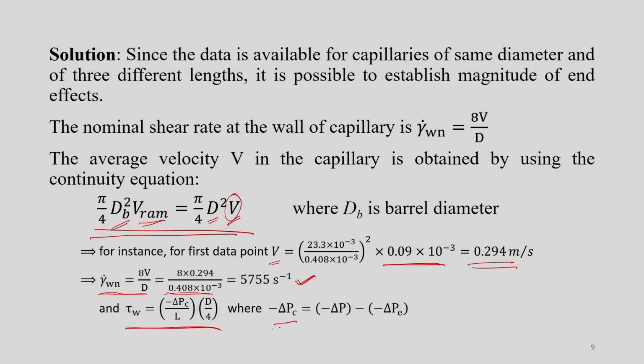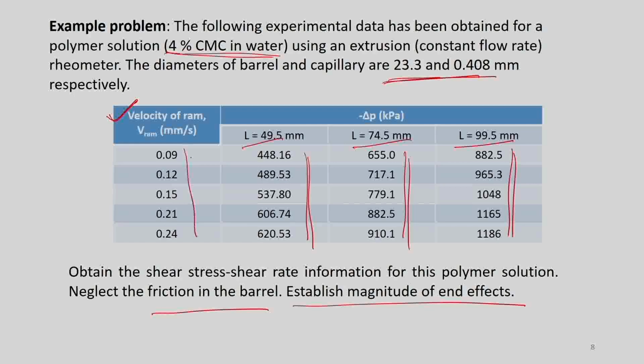Minus delta P c is minus delta P minus delta P e, and this we have to find out from the plot of minus delta P versus L for different 8 V by D, right. So first of all, for the given V ram, we have to find the corresponding capillary velocity V, and then rearrange the table.